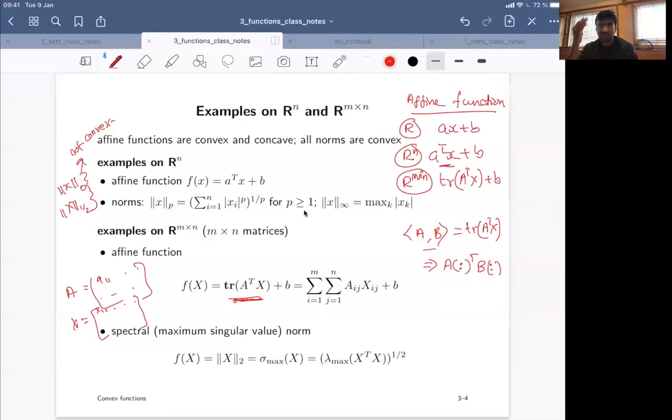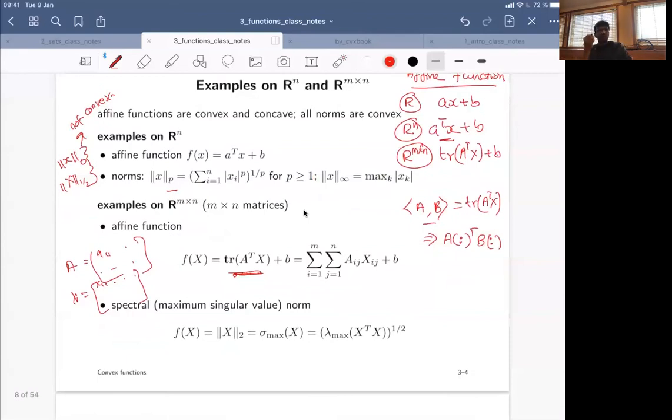When p is less than 1, it's a quasi norm. It doesn't satisfy triangular inequality. So those norms are not convex, but the proper norm where p is greater than or equal to 1 is convex. So this is very important. This norm often comes in your daily life of research. Okay, so you will definitely come across this at some point where you have a function to minimize where a norm is important. Yeah, so that's important. Norm is convex.